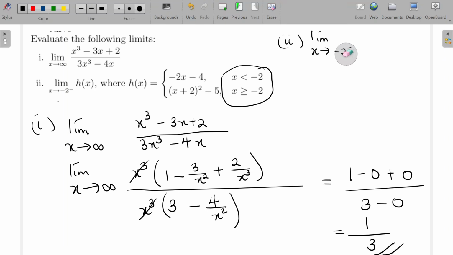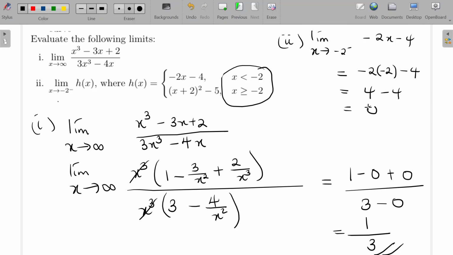Yes. Okay. All right. So you pick this one, and that's what you're going to write here: negative 2x minus 4. This is the function they want you to find the limit of. Therefore, you plug in negative 2 there, and you say minus 4. Therefore, this will be equal to positive 4 minus 4.